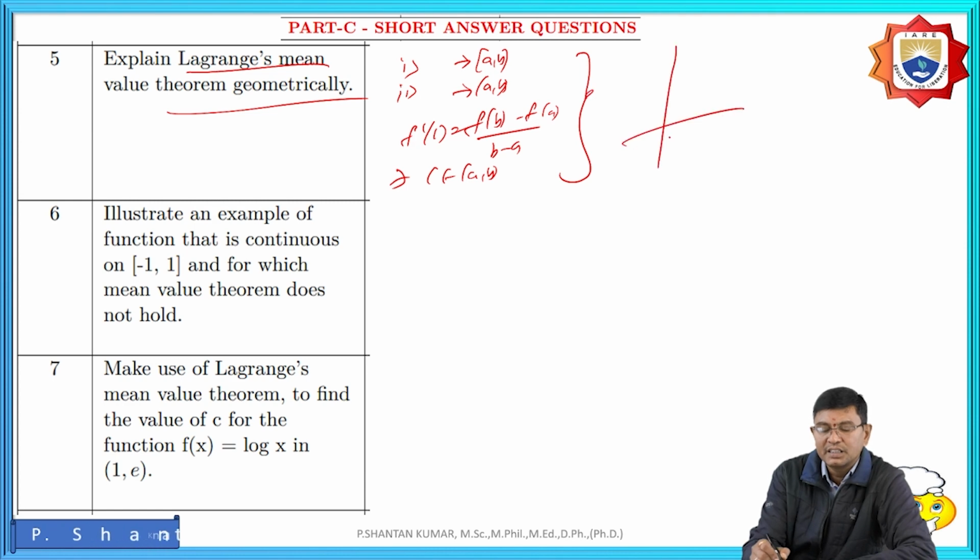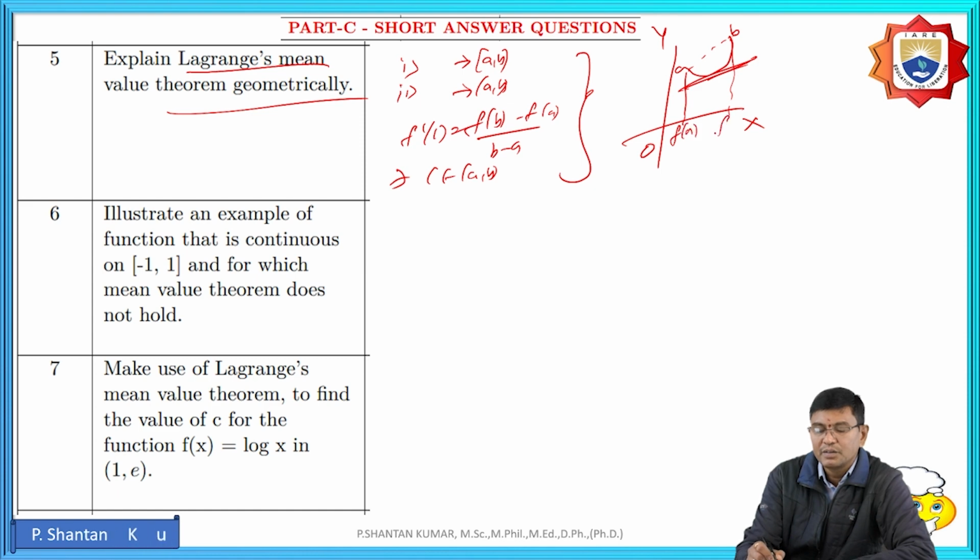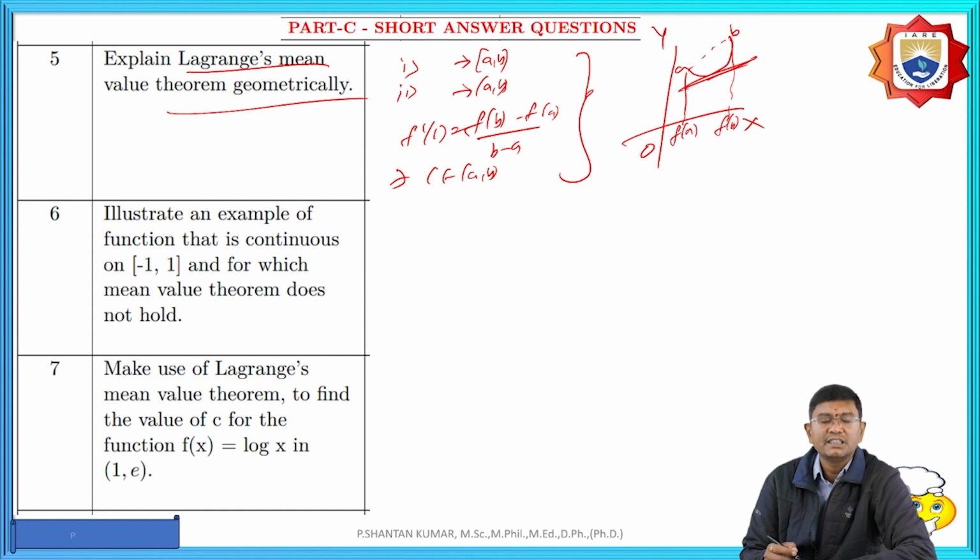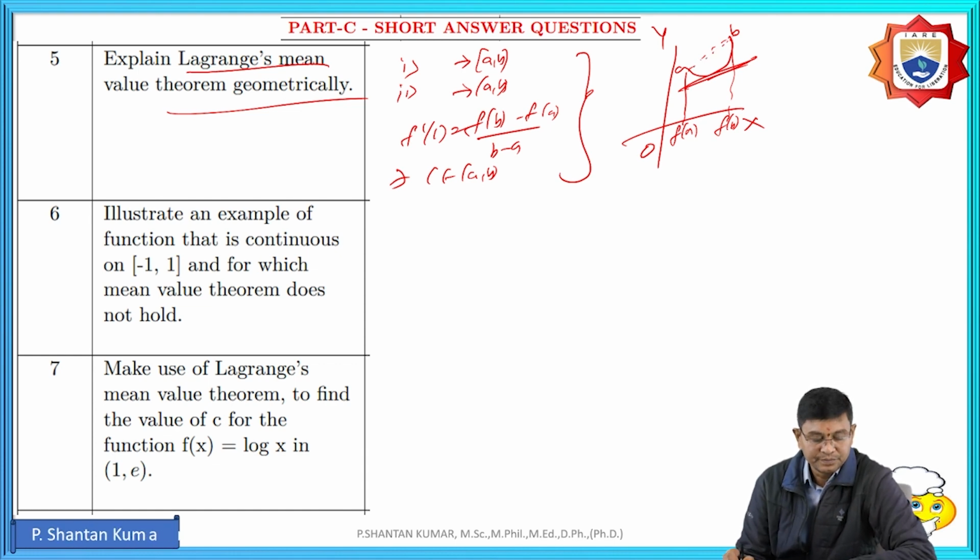Geometrically, the tangent is fine, but f(a) is not equal to f(b). Therefore, it is not the same condition as in Rolle's theorem.